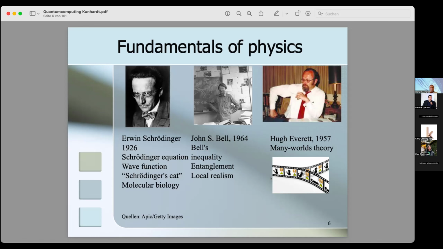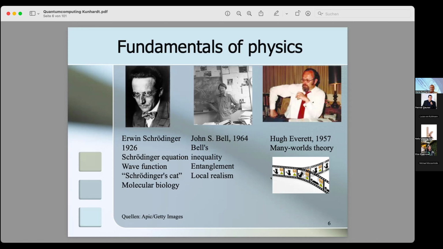In the later years of his scientific career, Erwin Schrödinger worked mostly on molecular biology. That's interesting because he came from a completely different direction in physics, but at the end of his career, he published a lot of papers and work on molecular biology.